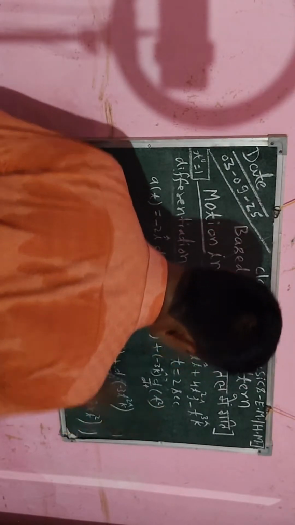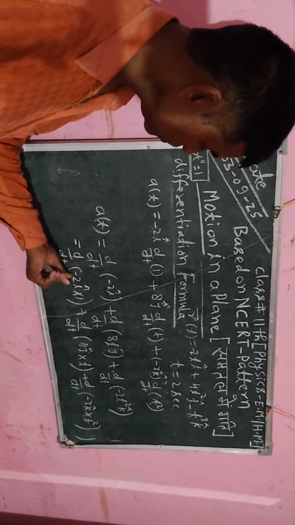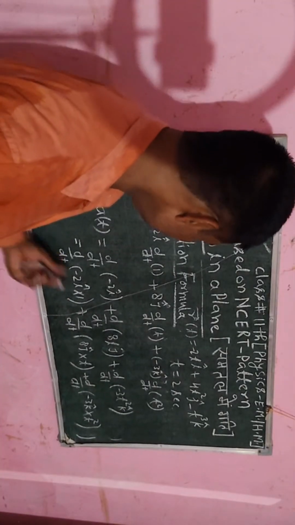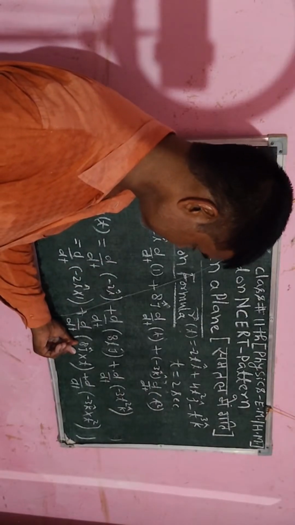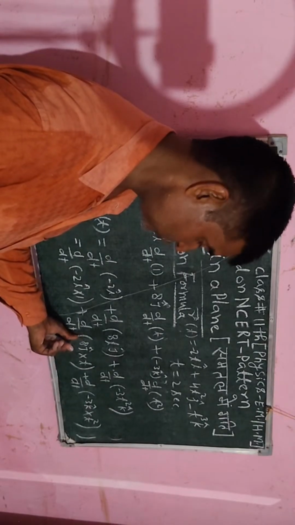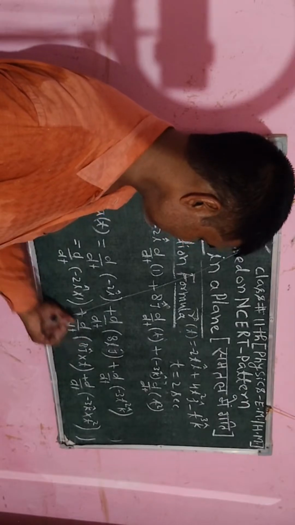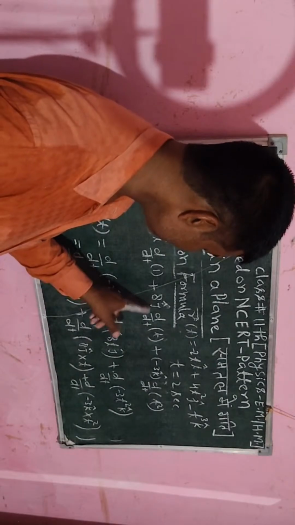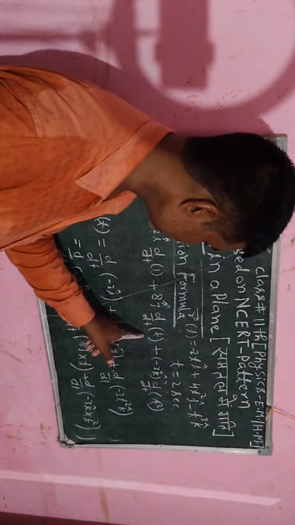Because -2 vector i cap is constant, I take it out of this symbol. And 8 vector j cap is constant and t is variable, so I take 8 j vector cap outside this symbol, and here the variable is t, so I have written t.